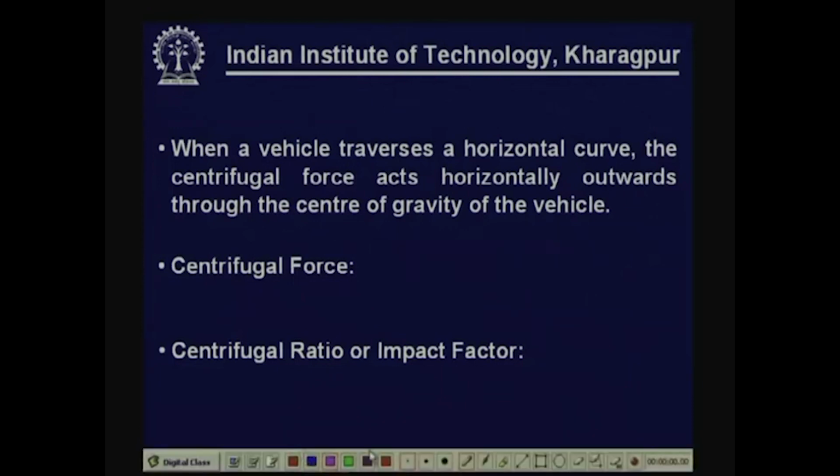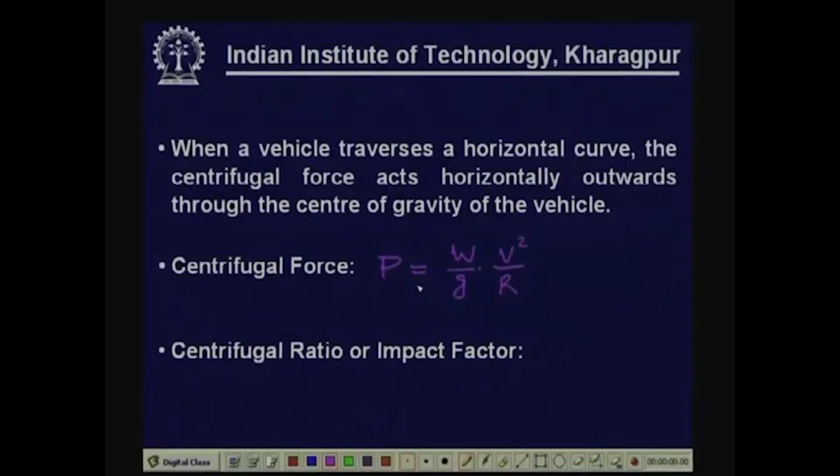We can write it like this: if P is the centrifugal force, then P equals W by g into v square by R, popularly m v square by R if m is the mass. So, W by g v square by R, this P is the centrifugal force.